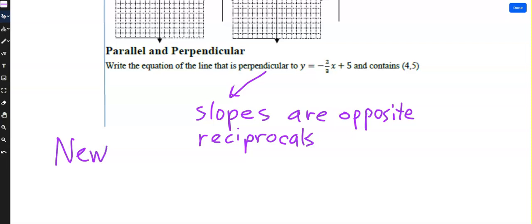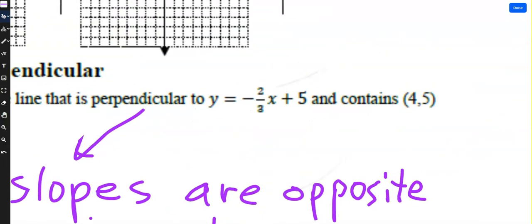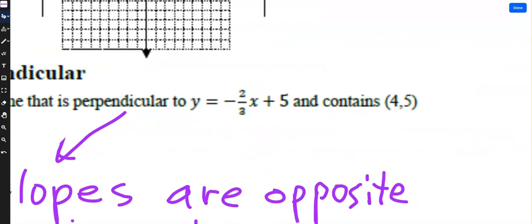What's the new slope going to be? If you look at the equation of that line, y equals negative 2/3 x plus 5, what is the new slope going to be? What's the slope of the old line?